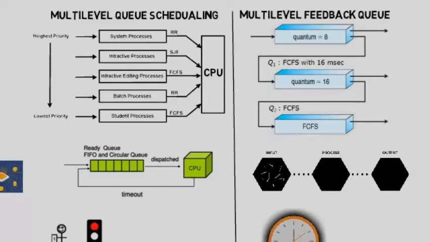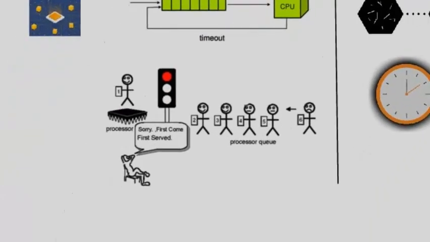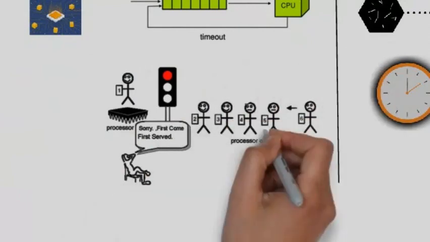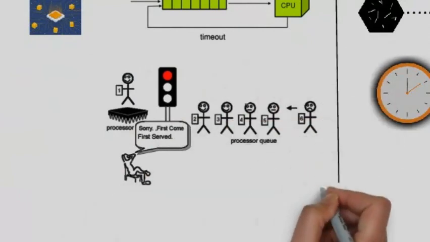So after it has been executed for 8 time units in the first queue, it will be demoted to the next queue, the lower one, and then it will be executed for 16 time units to be terminated there. And in the end, it all depends on the implementer and how he's going to implement the algorithms and what algorithms he's going to use, and that's about it.